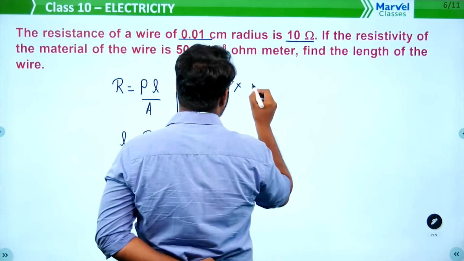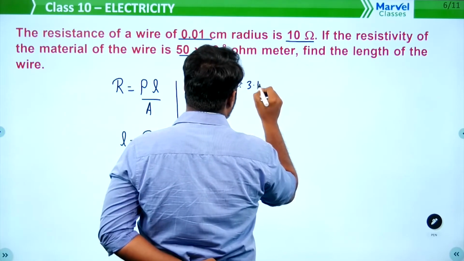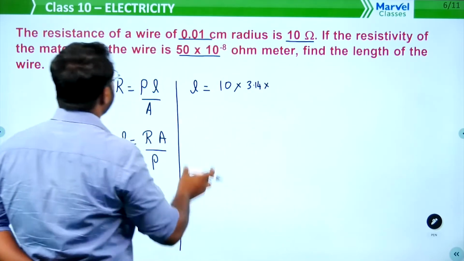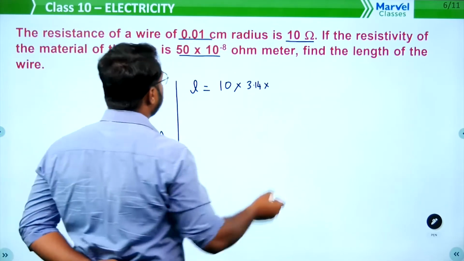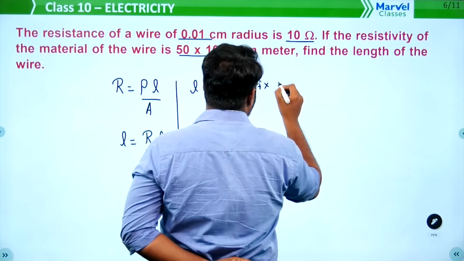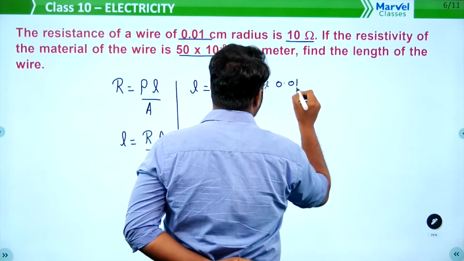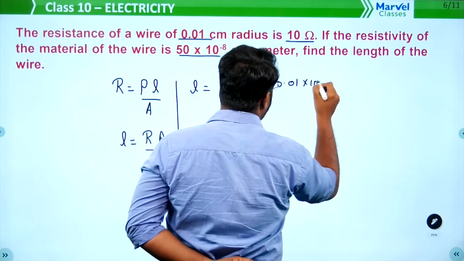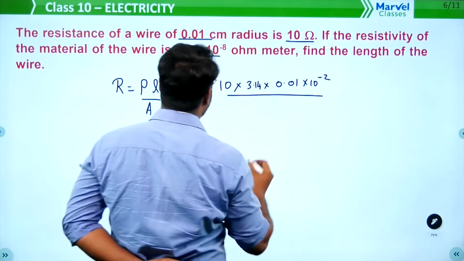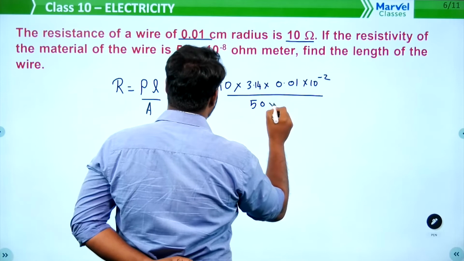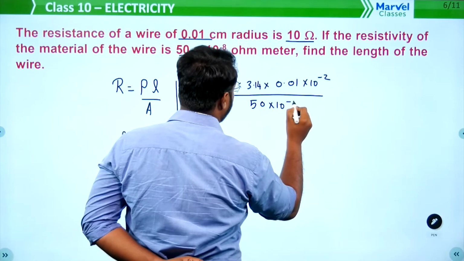Area is nothing but 3.14 into the radius. The radius is given in centimeters, so please express it in meters, where 0.1 into 10 power minus 2 meters, divided by the resistivity, which is 5 into 10 power minus 8.